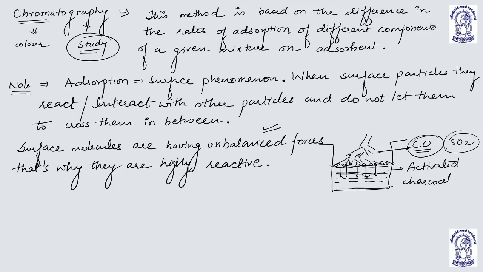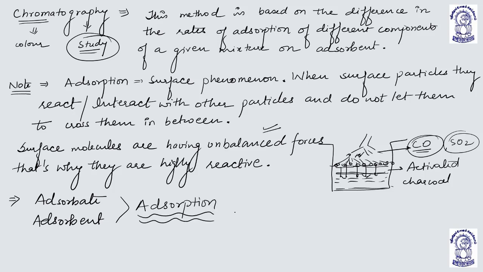If only they are reacting, and the bulk particles are not reacting, then it is actually adsorption. So chromatography is based on the difference in the rates of adsorption of different components of a given mixture on an adsorbent. There are two terms. One is adsorbate, which is like solute, and the other one is adsorbent, which is like solvent. So adsorbate and adsorbent make adsorption.